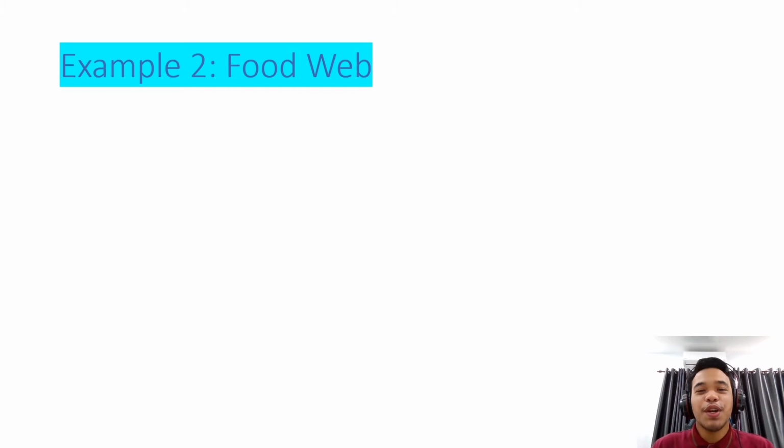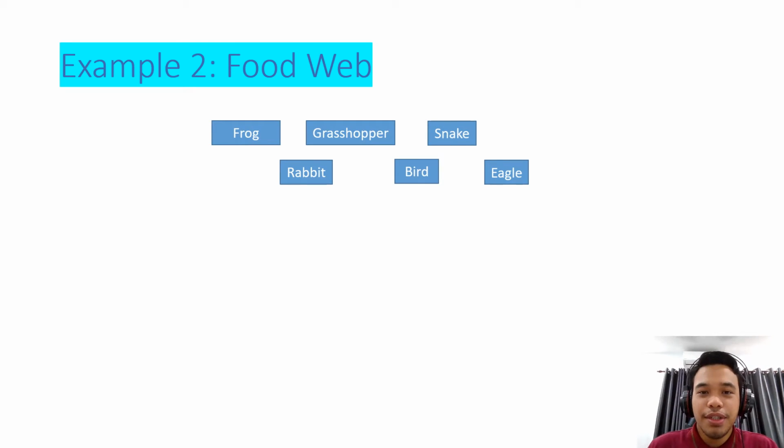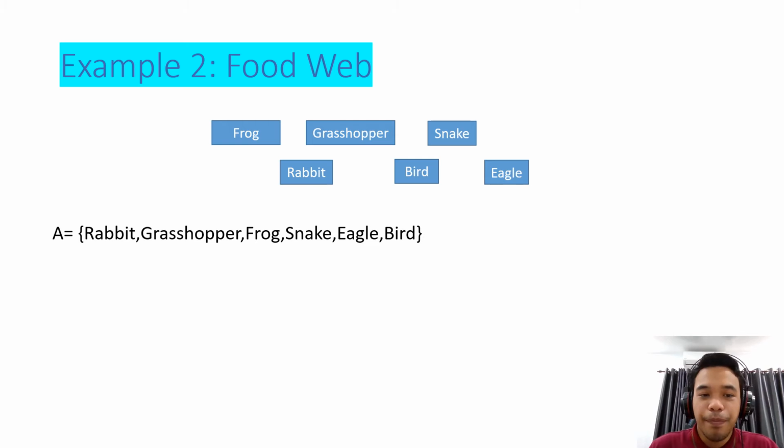Now, let us continue with the second example, which is a food web. There are several animals here. We have frog, rabbit, grasshopper, bird, snake, and also eagle. Let's say that these animals are the elements of A. So what can we do here? We can make a relation where R is "can be eaten by".